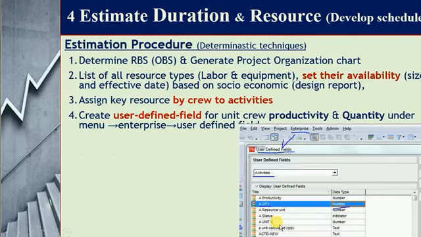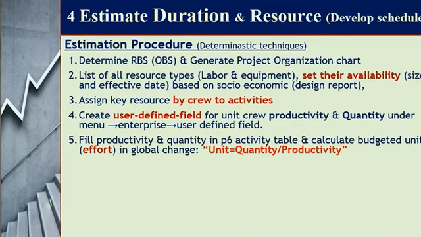So once you create these user-defined fields, you need to fill in the productivity and the quantity from your Excel, or you can integrate using MATCH and INDEX or VLOOKUP in Excel and Primavera.